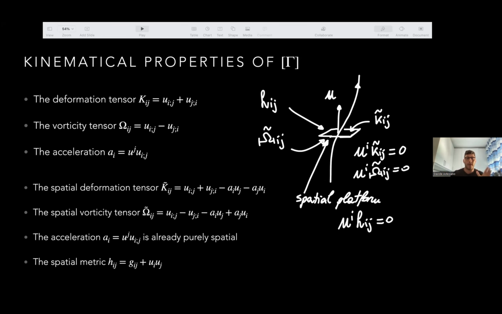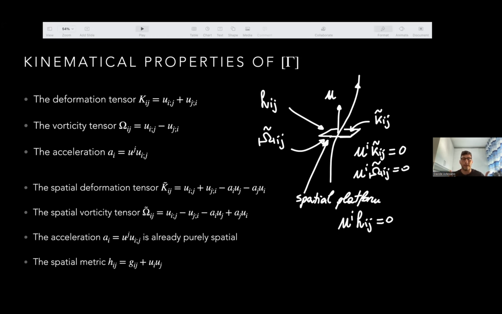We can also build other objects from them that are called the spatial deformation tensor and the spatial vorticity tensor. Of course, the acceleration is already pretty special, and the spatial geometry. What does it mean? It means that you have this deformation tensor that tells you how these world lines are going apart from each other.